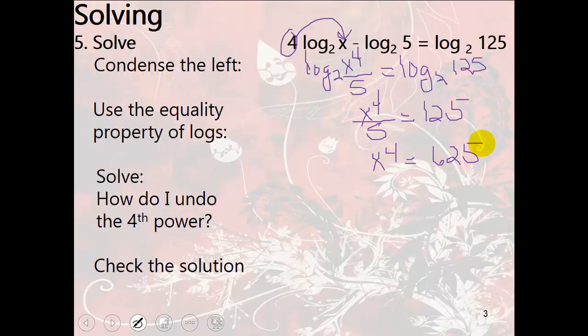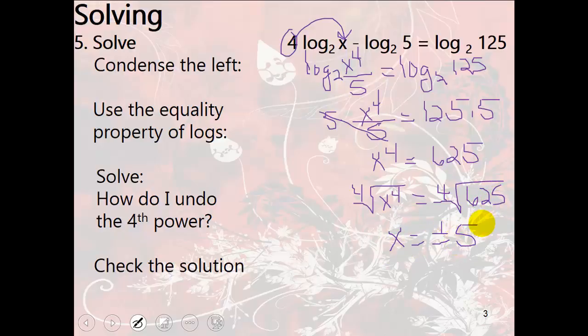I'm going to multiply 5 on both sides, okay? That cancels, and that becomes 625. Now I'm going to take the 4th root of x to the 4th, and what I do to one side, I have to do to the other. And so this simplifies into plus or minus 5.